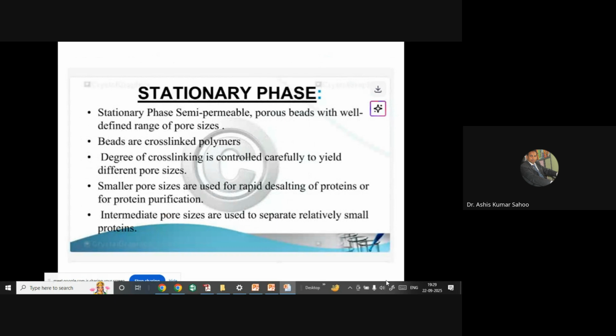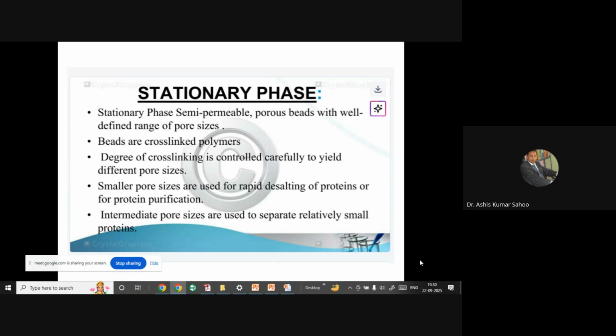In the stationary phase, we take semi-permeable porous beads with a well-defined range of pore size.